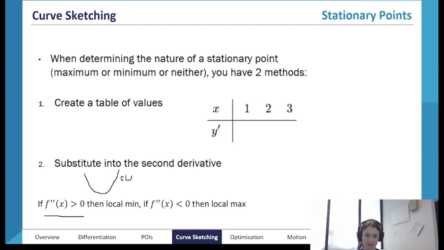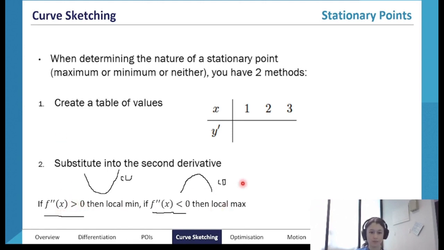And if our curve is a local maximum, then it's going to be concave down, which means that our second derivative is going to be less than 0. So this is why subbing into our second derivative helps. It tells us about the concavity, but then the concavity tells us about the nature of the stationary point.